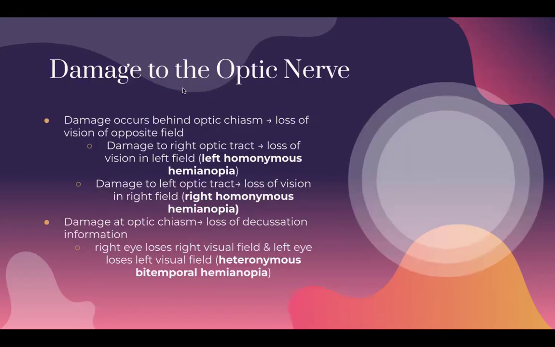Damage to the right optic tract results in a loss of vision in the left field, which is called left homonymous hemianopia. Damage to the left optic tract results in loss of vision in the right field, which is called right homonymous hemianopia. Damage at the optic chiasm can result in a loss of the decussation information.